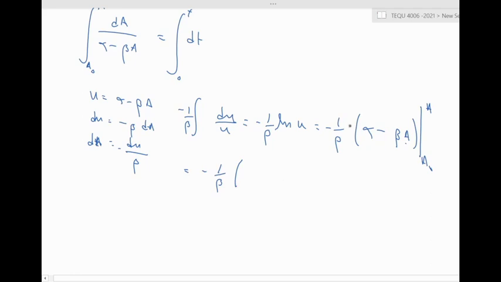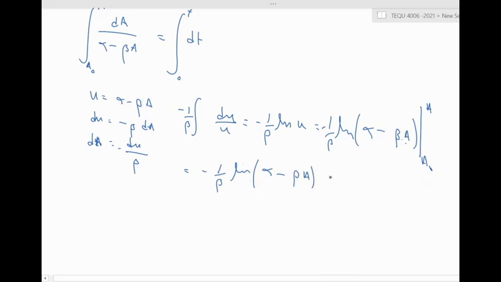Oops, this is logarithm. Let me fix this. Minus 1 over beta, there we go, logarithm of alpha minus beta A. Now, 1 over beta times the logarithm of alpha minus beta A.